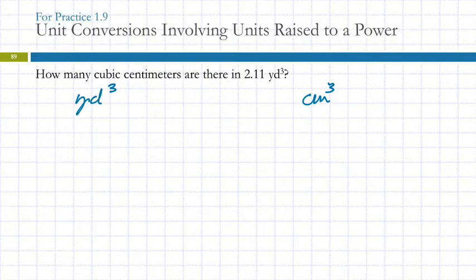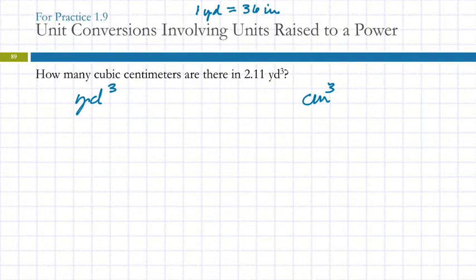So when finding this path, start out by just ignoring the cube part. How do I get from yards to centimeters? Well, we did that the other way, right? We went from centimeters to yards, and there was just so many steps. Let's just throw in a shortcut. 1 yard is equal to 36 inches, right?